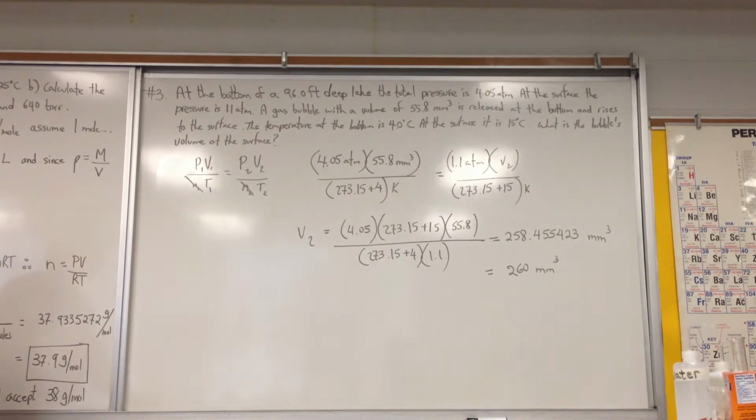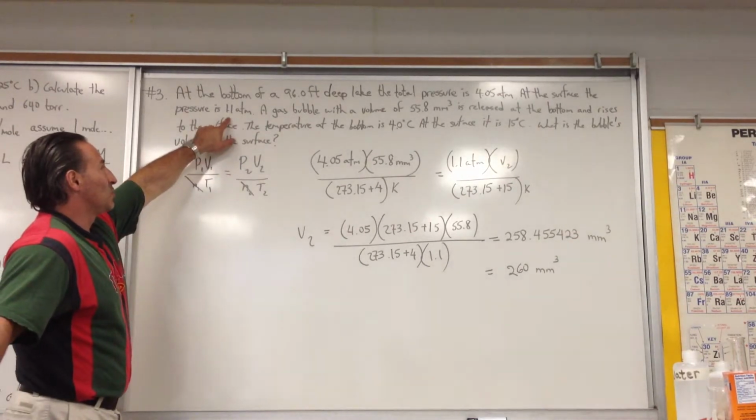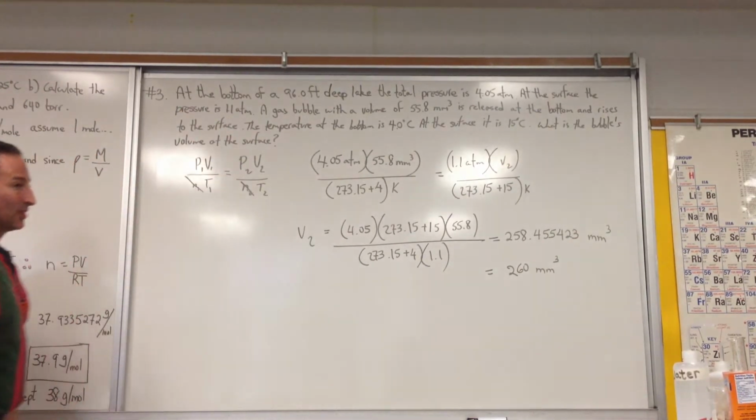So if the pressure at the surface of a lake is 1 atmosphere due to the pressure of the ocean of air that we live in, called the atmosphere, which we're at the bottom of, then we know that at least 3.05 atmospheres of the pressure is due to the lake water alone. And roughly 1.0 atmospheres is due to the atmospheric pressure. So at the surface we find the atmospheric pressure is 1.1. Maybe there's a high pressure zone in the area that day.